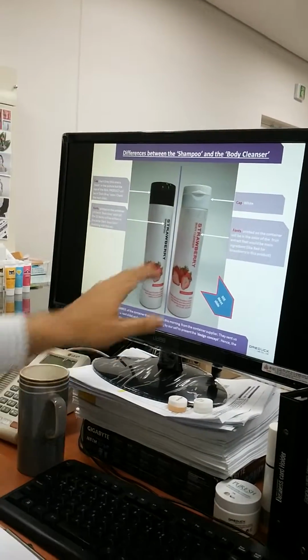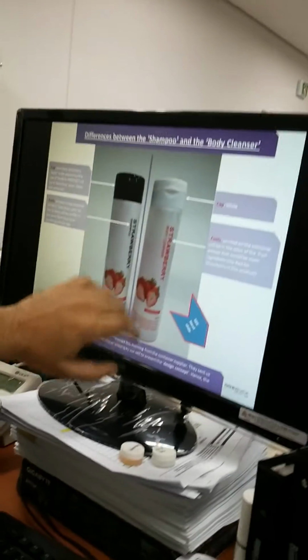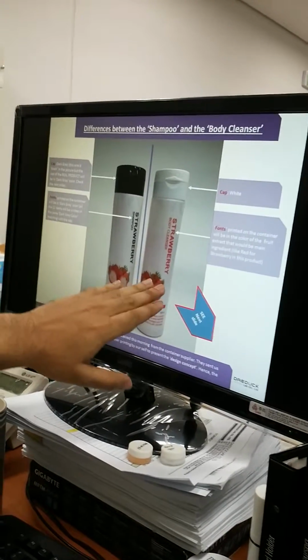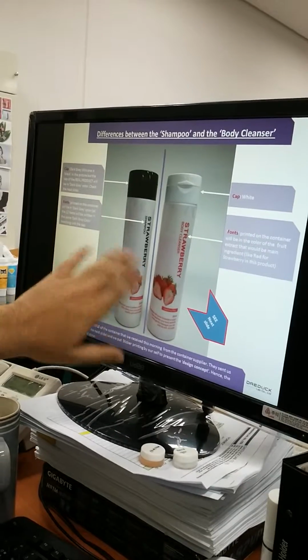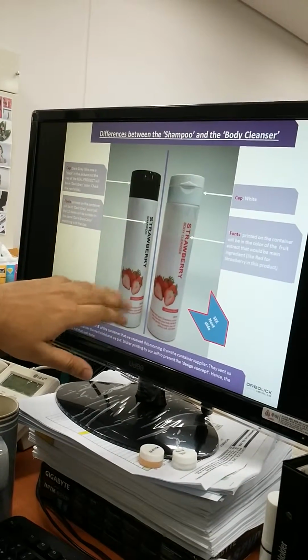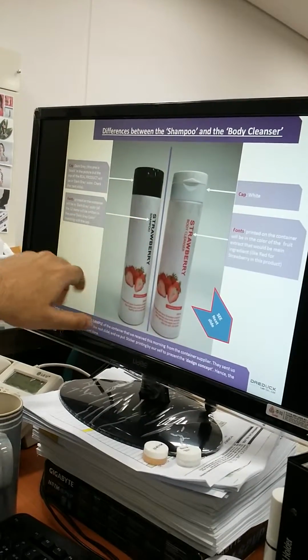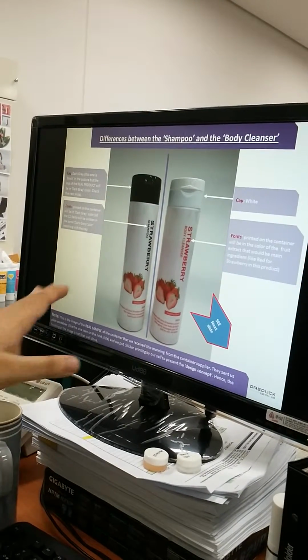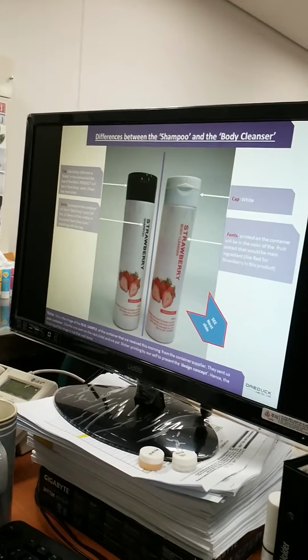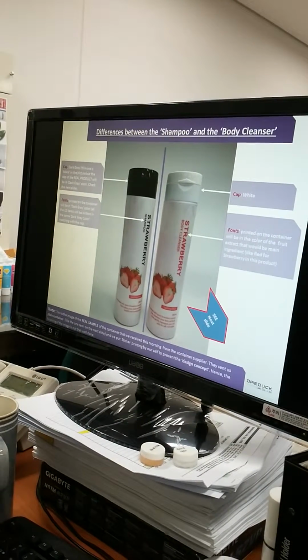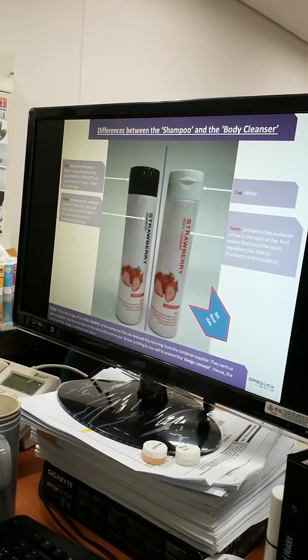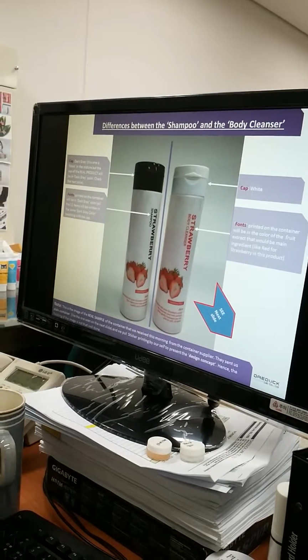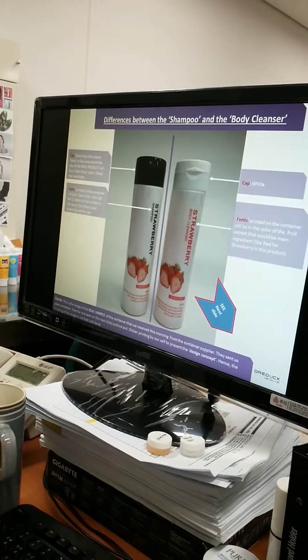Then you said about the design, you said to try to bring the difference between the shampoo and body cleanser design. We listened to you and we tried our best to achieve those differences between these two types of products. We had to do all this work within very strict limitations of the price boundary.